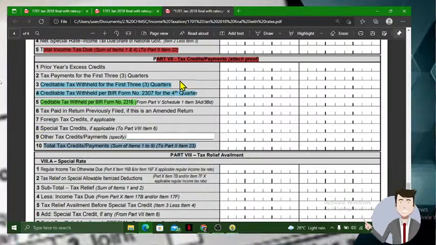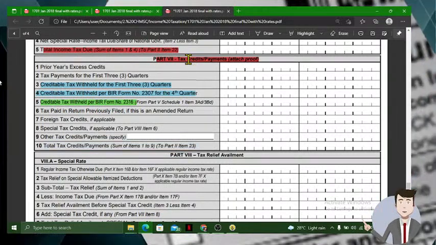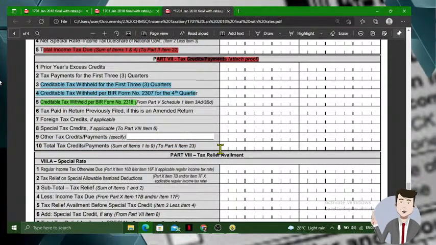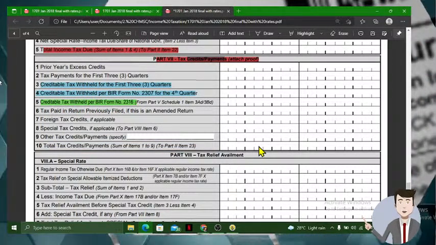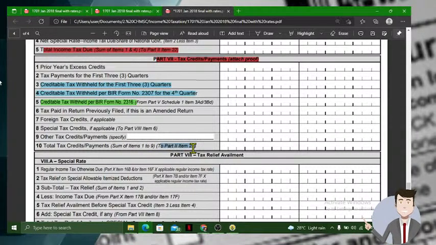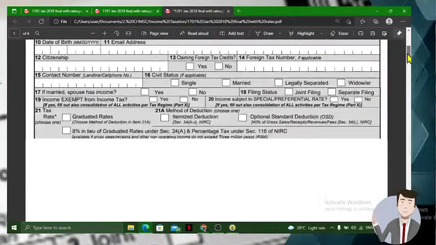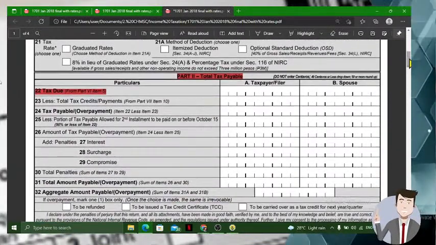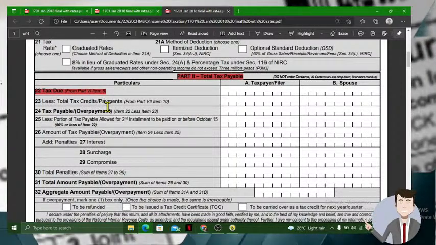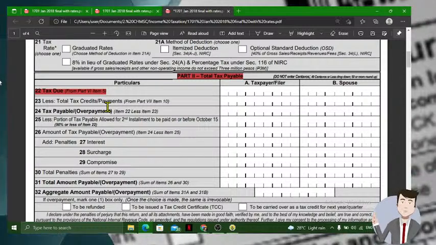Actually, part 7 is the summary of your tax credits and payments. This amount for the taxpayer, and this amount for the spouse, will be provided to part number 2, item number 23. So again, as I mentioned earlier, the first page is just the summary of what you have declared in detail in the previous parts or schedules.